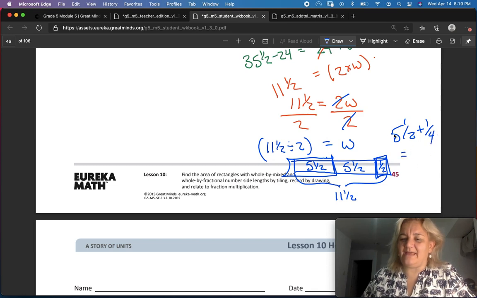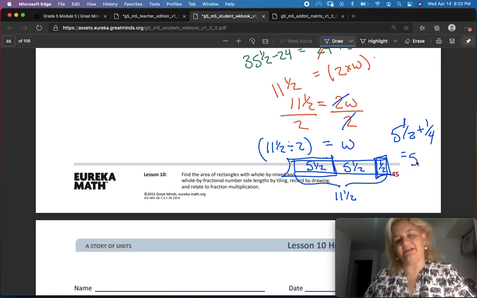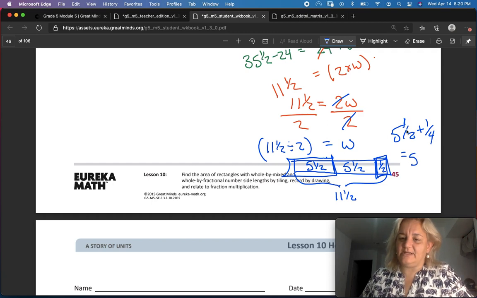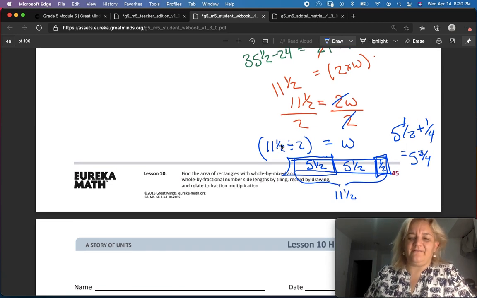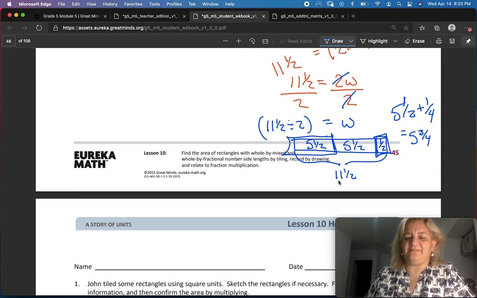And that would make this right here 5 and this is 1/2. So, gosh, I don't know what's going on with my writing today. 2/4 plus 1/4 equals 3/4. You see how we got there? 5.5 divided by 2 equals W. Well, 5.5 divided by 2 equals 5 3/4. So W equals 5 3/4.